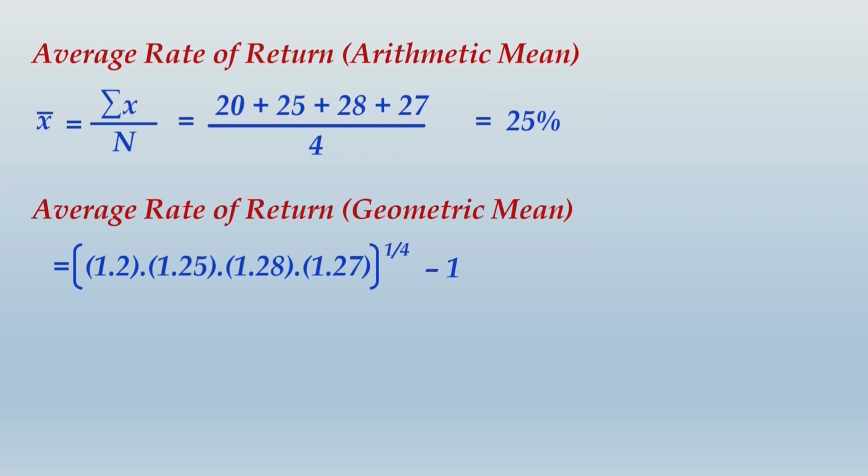And when we apply this calculation, do you know simply how to take the fourth root? If you take the square root of the square root, you will get the answer. So what you first do is, on your calculator, 1.2 into 1.25 into 1.28 into 1.27, whatever value you get, take the square root of that, and on the obtained answer once again take the square root, and you will get 1.2496.